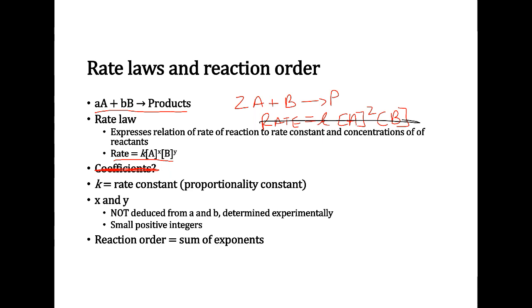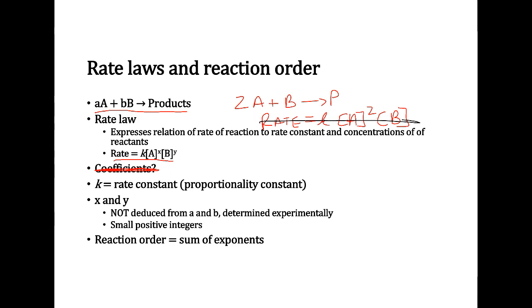Well, how are you going to determine what those exponents are? How are you going to figure out what X and Y are? Well, you can't look at the coefficients, so we're going to determine those from experimental data. What we should see is they're going to be small positive integers. We can also calculate the rate constant, that proportionality constant, from the experimental data as well.